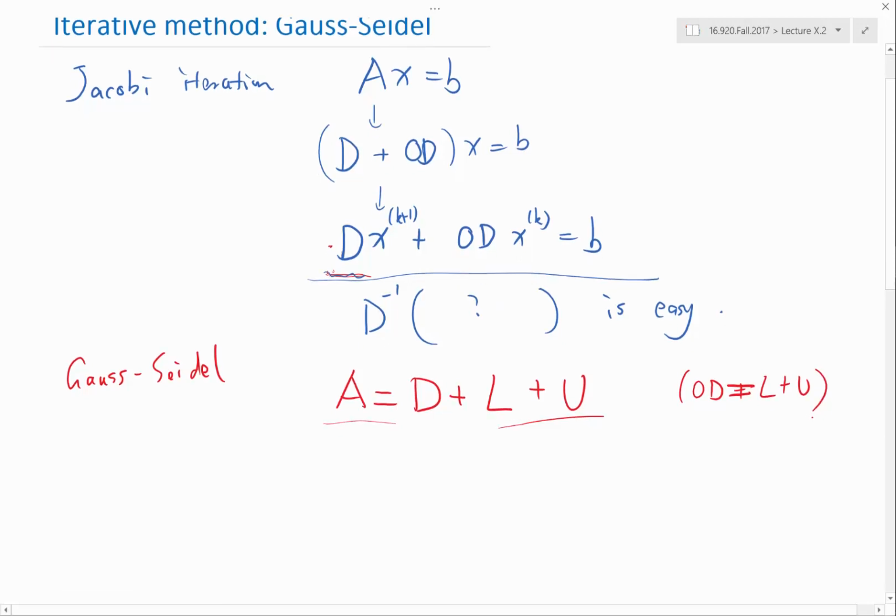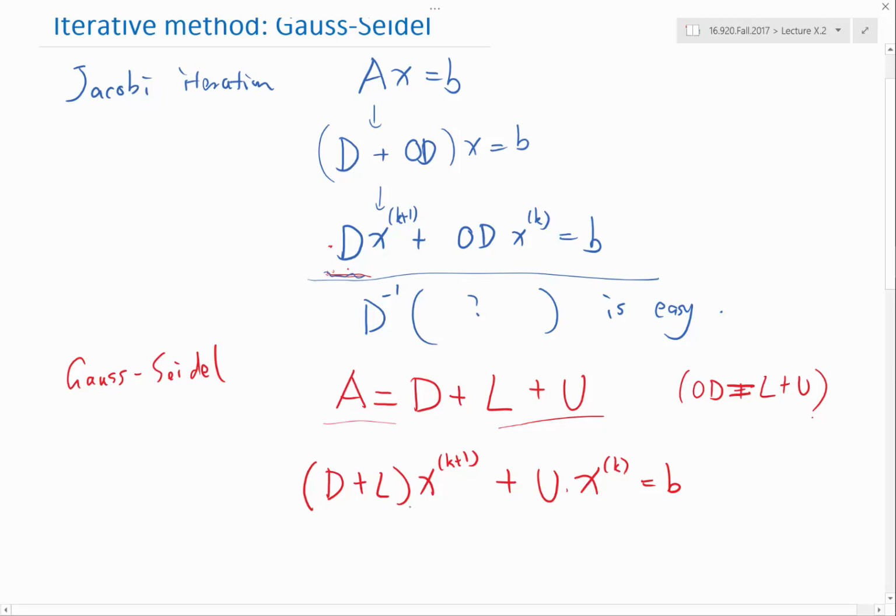And for Gauss-Seidel, we simply say that, okay, instead of just having D, we have D plus L times x of k plus 1, plus U, there is only U, times x of k equal to B. This helps. And as you can see later in examples, the convergence rate of Gauss-Seidel is usually faster than the convergence rate of Jacobi.